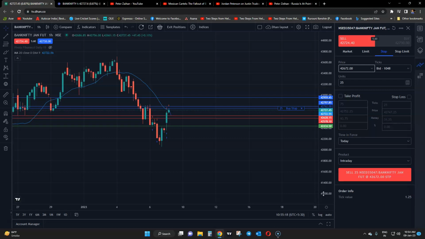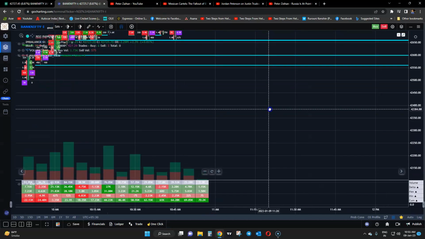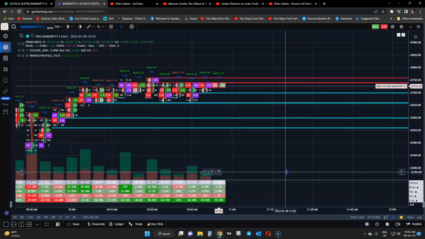See, unless the delta to break it is crazy, which you're not getting here. And because it's a trend up, you don't have a conviction to go short.